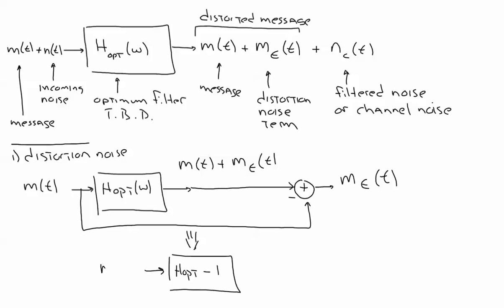If I apply my message signal to H optimum minus 1, I get out the distortion noise term. All right? Let's go to the next page. I'm interested in the distortion noise power.